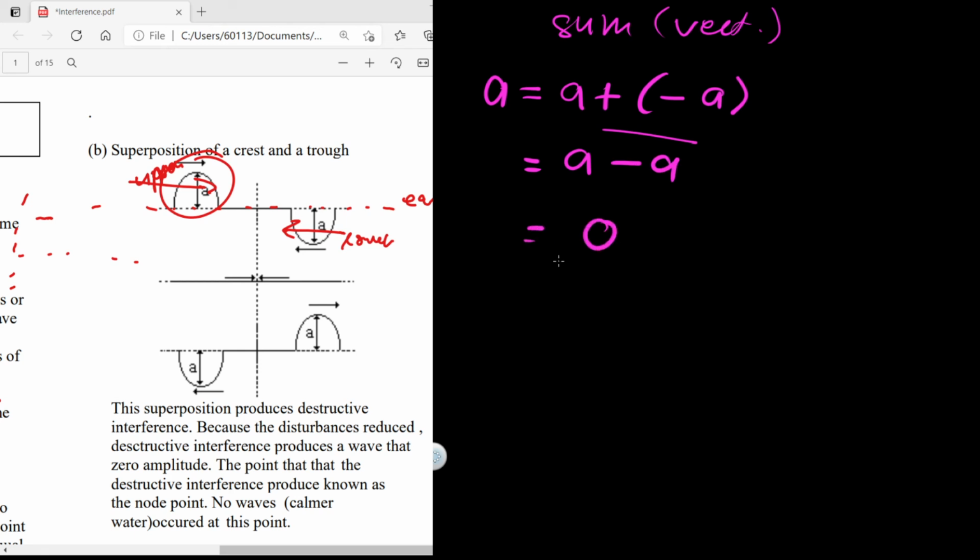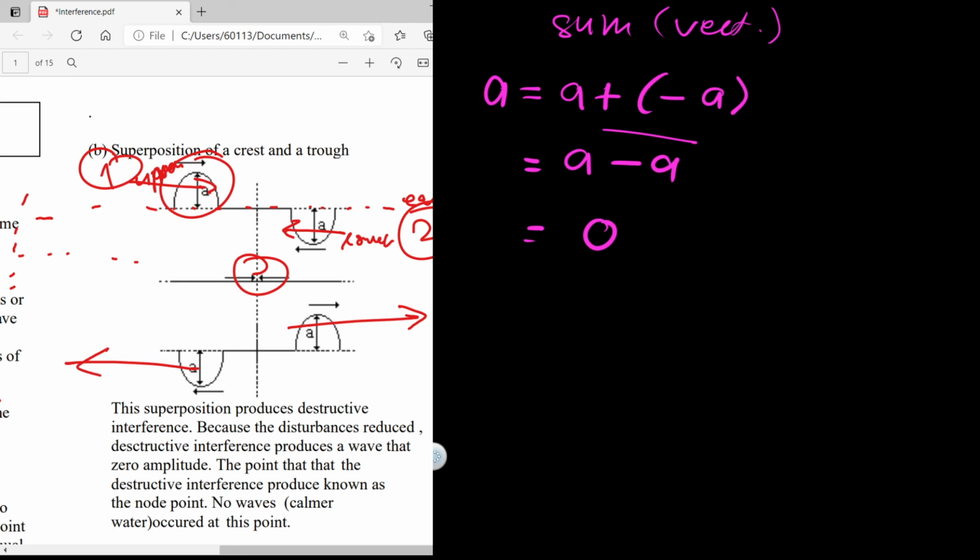This 0 amplitude occurs only at the point where the two waves coincide with each other. After the event, they go back to their original motion, direction, and amplitude, one continuing in this direction and the other in that direction.